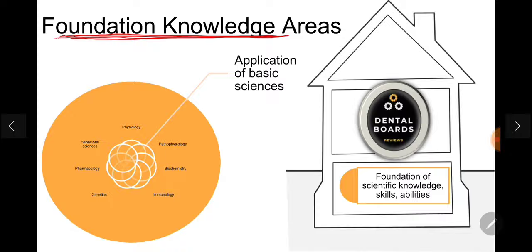They want you to know your physiology, pathophysiology, biochemistry, immunology, genetics, pharmacology, because you use a lot of drugs, and behavioral sciences. Patients who have, for example, cerebral palsy, how do they react? Patients who have Down syndrome, how do they react? Patients who have ADHD, how do they react? Patients who have autism, how do you manage them? The children, how do you manage them?